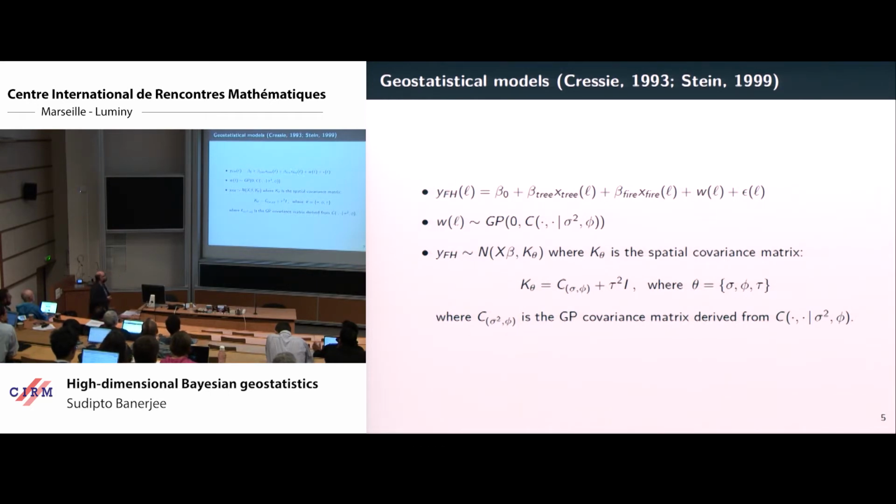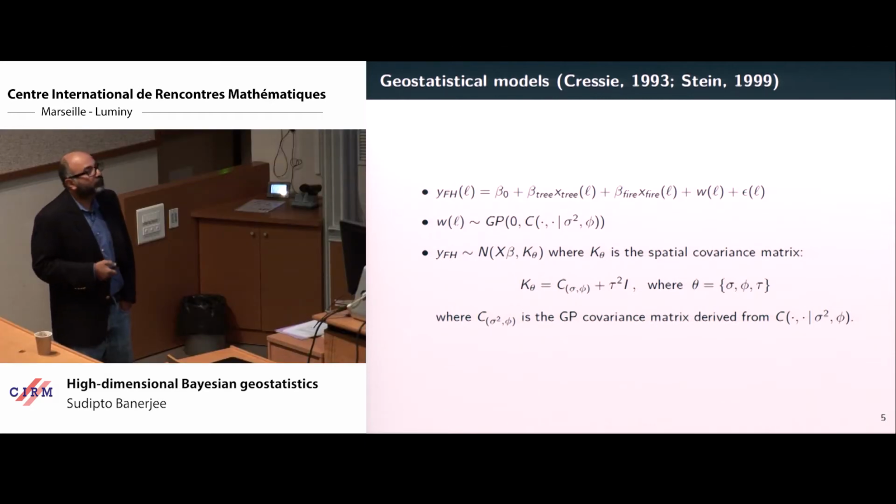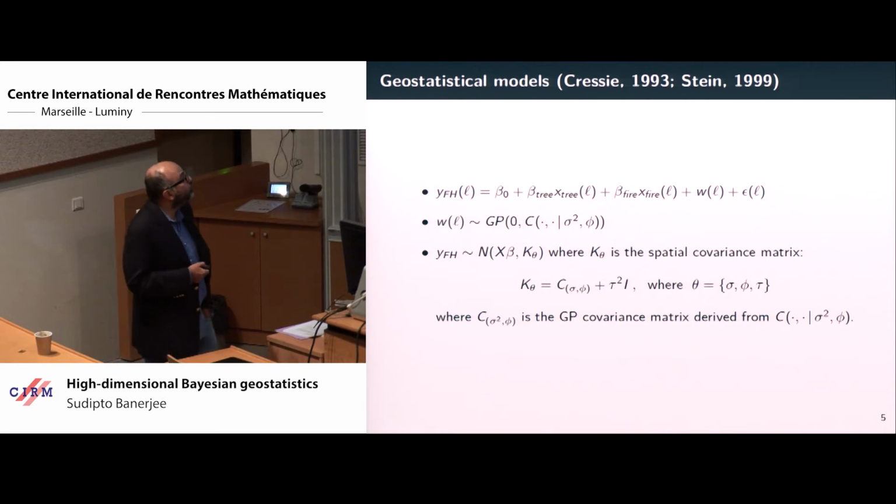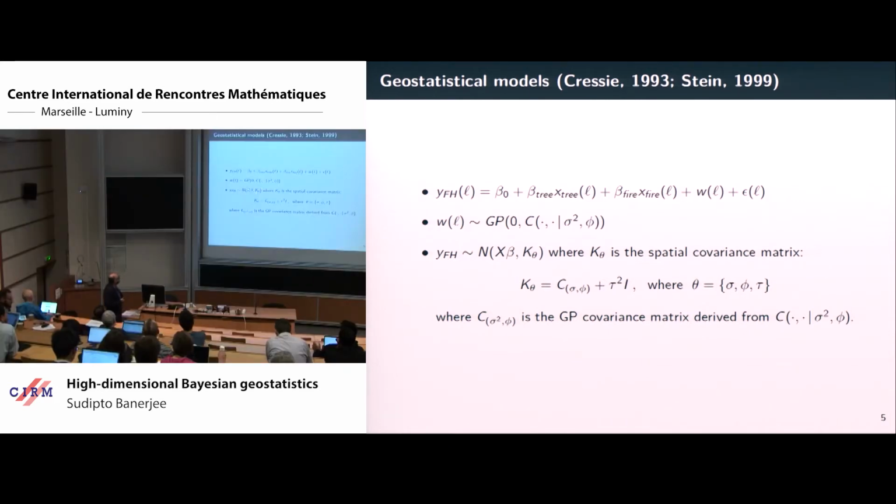And then you introduce this component here, the spatial process, and then you have noise. This is probably the most important structure for spatial statisticians. The most widely used mechanism is the Gaussian process, because we love our multivariate normals, and they're more tractable, and they're specified through a covariance function.